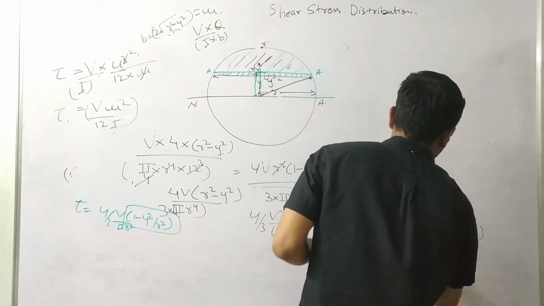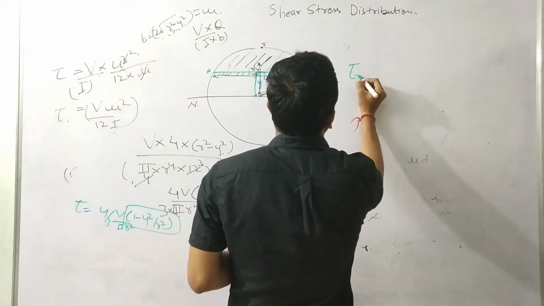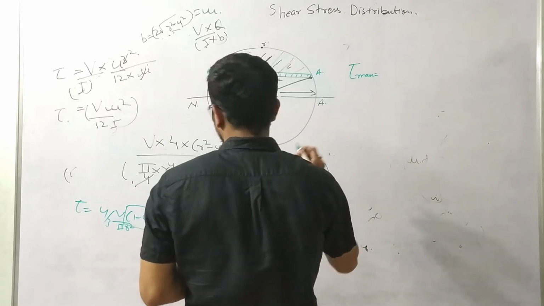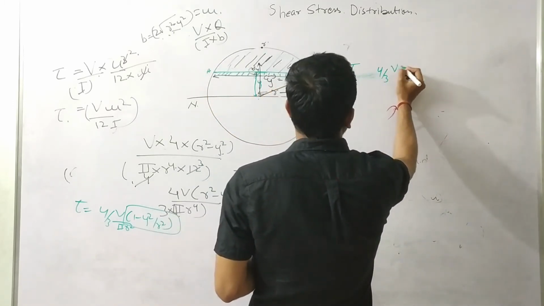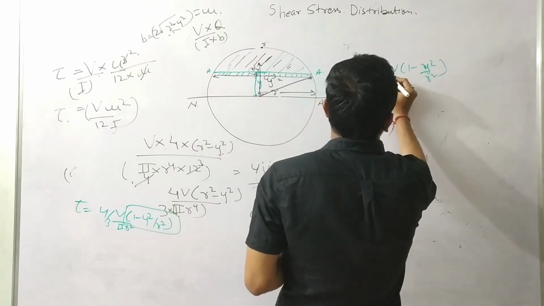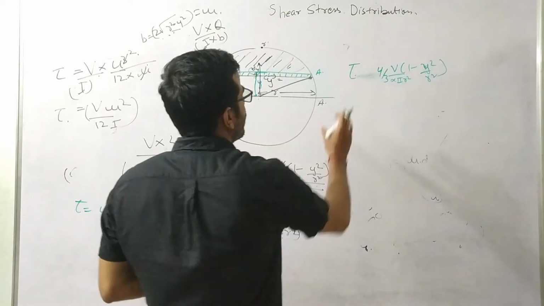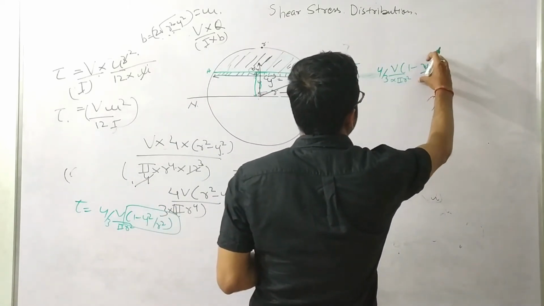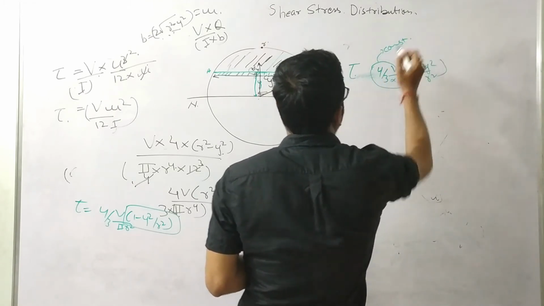That is what we are checking now. If I want to maximize this, I need to maximize this term only, because the other term is constant, right?